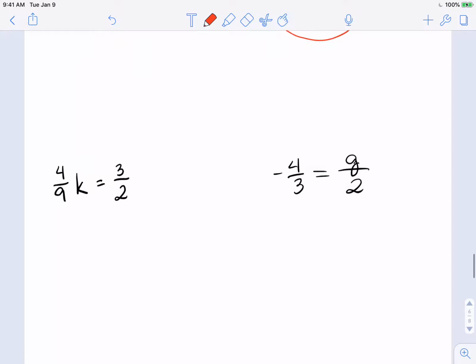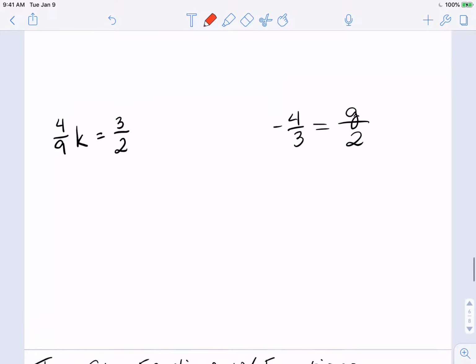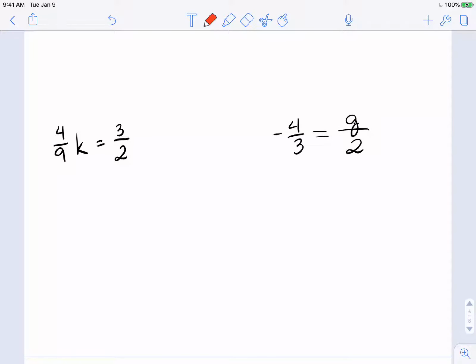Let's look at another one. Here we have more one-step equations. This one is 4/9 k equals 3/2. So if you remember from our other one-step equations, this is multiplication. 4/9 times k. It's multiplication.